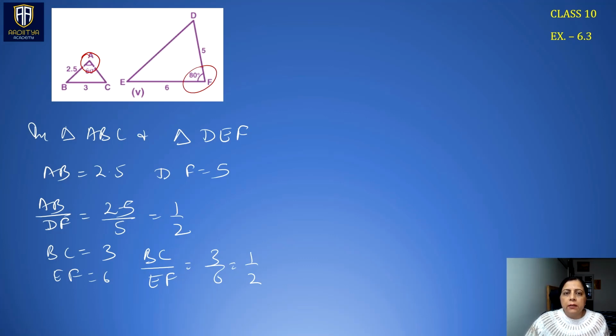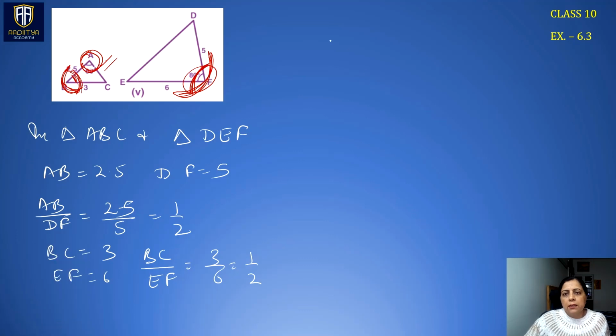Now you can see, as I had told you earlier, here the ratio is between these two sides and the angle is included in these two sides. But here the ratio is given about these two sides and this angle is not included in these two sides. It is outside. Had it been angle B, then these triangles would have been similar. But now this 80 is not included in the two sides for which we have taken the ratio.